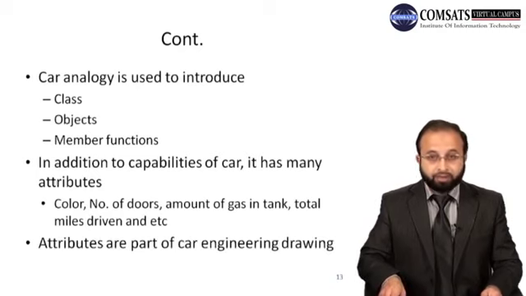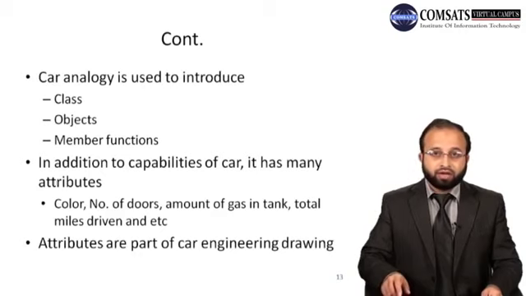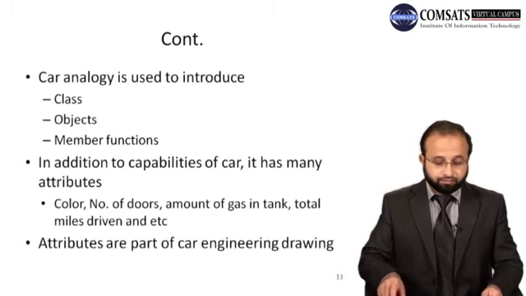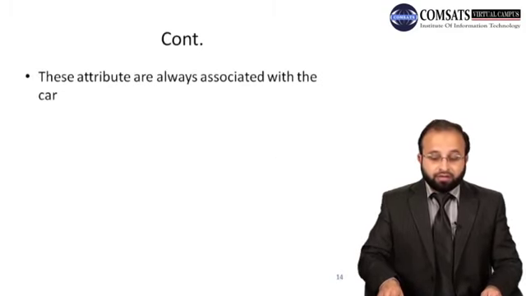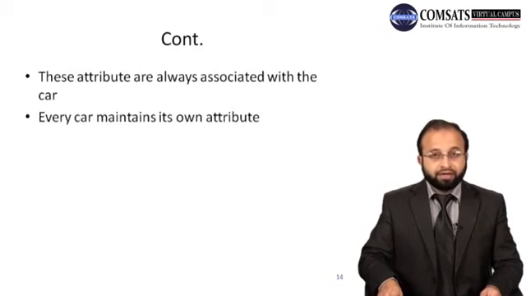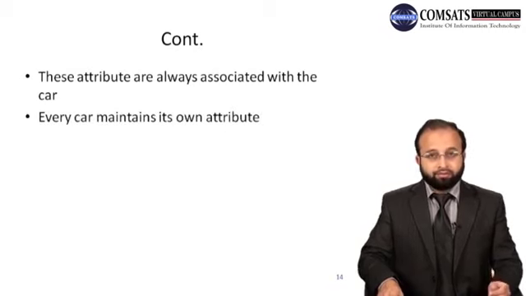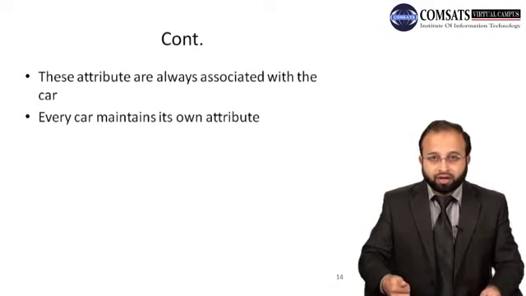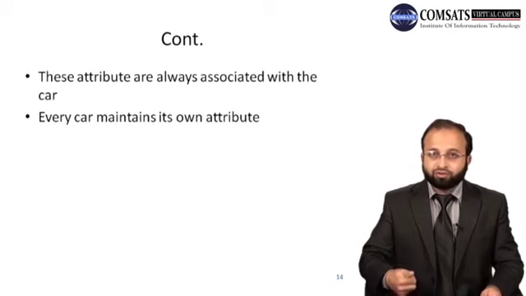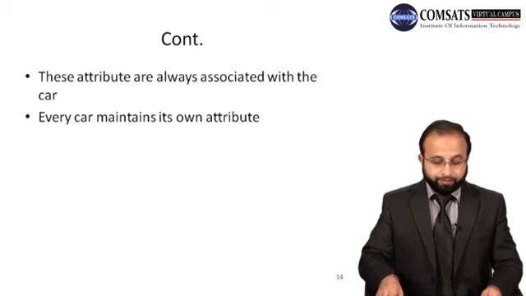So attributes are part of the car engineering drawing. These attributes are basically used in the car engineering drawing to perform the various capabilities. These attributes are always associated with the car, or we can say every car maintains its own attributes. My car has its own attributes and your car has its own attributes.